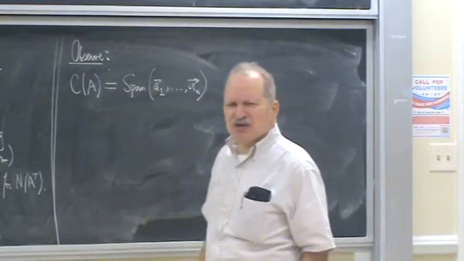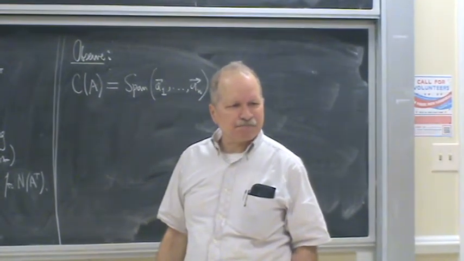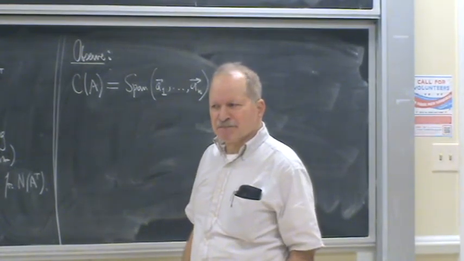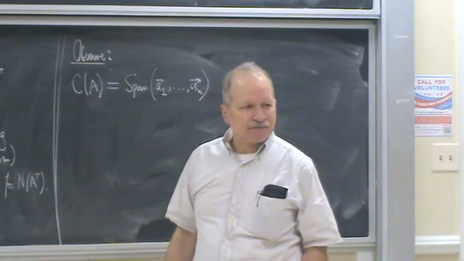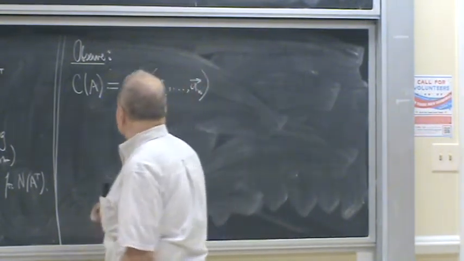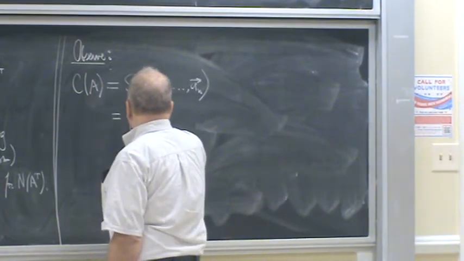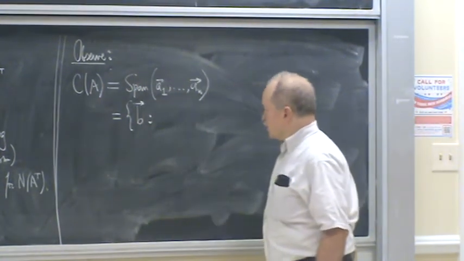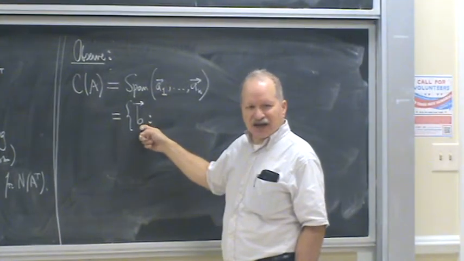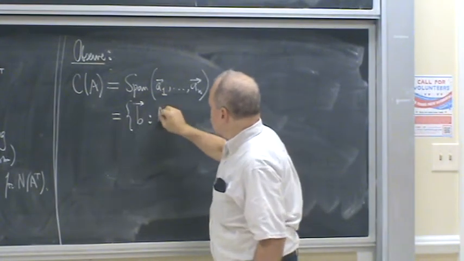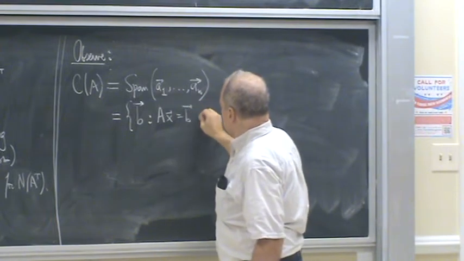Does that have something to do with consistency? What does it have to do with consistency? If B is within that, then it's consistent. So it's precisely the B's, the right-hand sides, for which the system of equations Ax equals B is consistent.